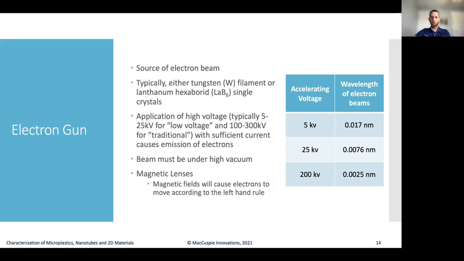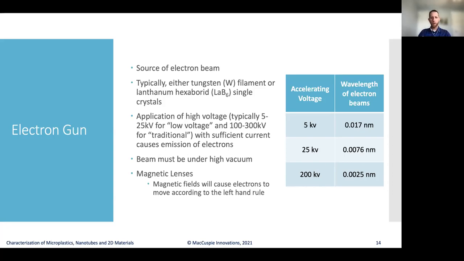And so for your theoretical maximums, you can actually get down to much smaller than the dimensions of the atoms of the materials that you're looking at. Even when you get to a 5 kV or 5,000 volt accelerating voltage, you can get a wavelength of the electron beams of about 0.017 nanometers.